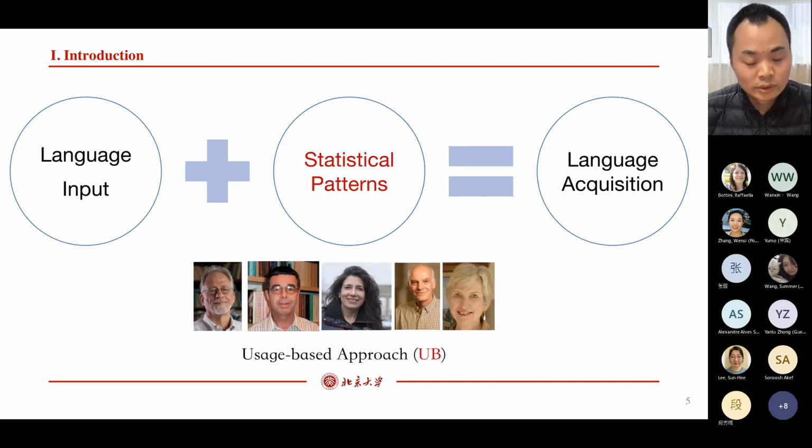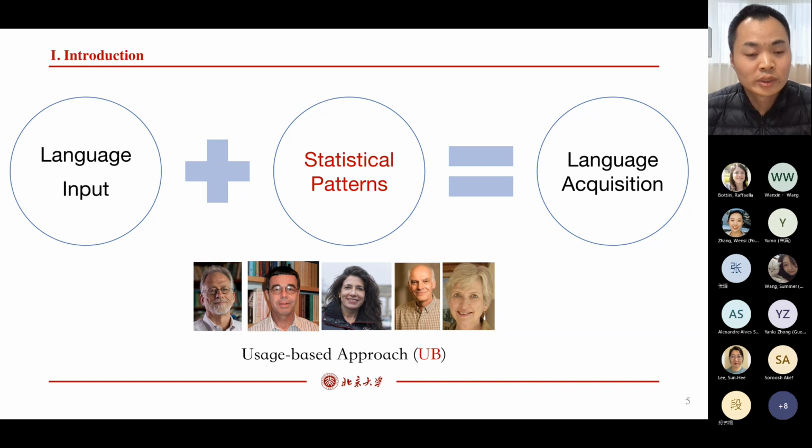But in recent years, there are also alternative theories, which I and other people call the usage-based approach. I listed some of the most famous scholars here, like Tomasello, Langacker, Goldberg, Nick Ellis, and Joan Bybee. All these people believe language input can make language acquisition possible. How?